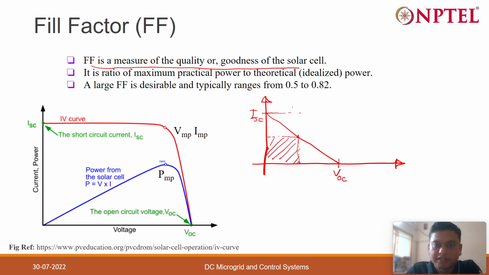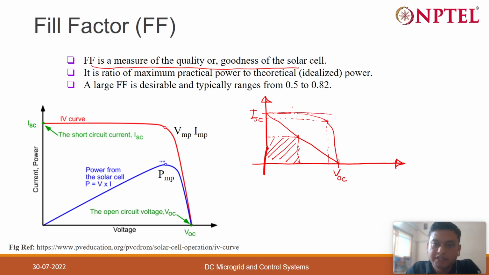And if we make a practical IV curve, it comes out to be like this. As shown in this figure, here you can see the VMP and the corresponding IMP.